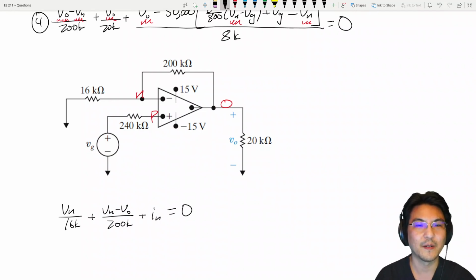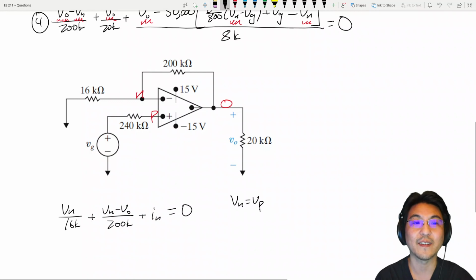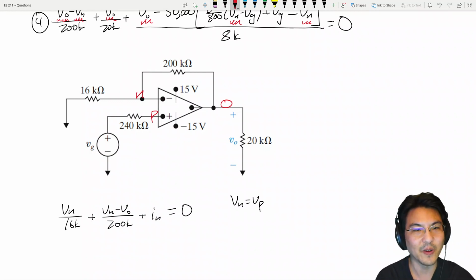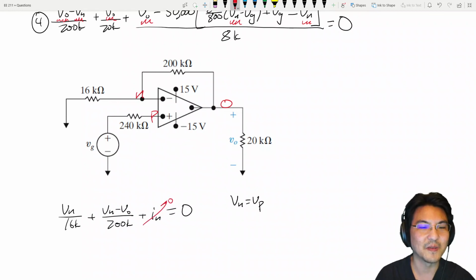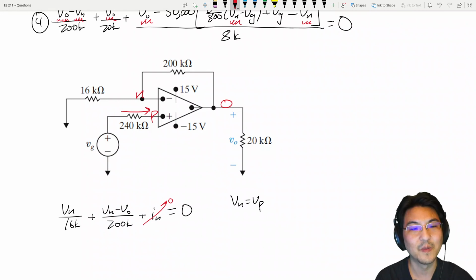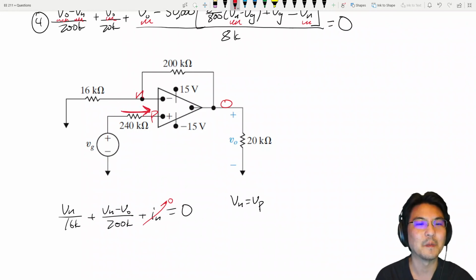And then for an ideal op-amp, the voltage here equals the voltage here. Vn equals Vp, and the current going this way is 0, which means this is 0. If the current going this way is 0, that means there's no voltage difference between here and here.